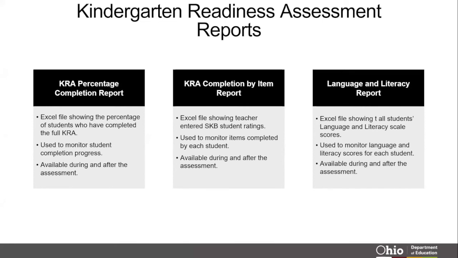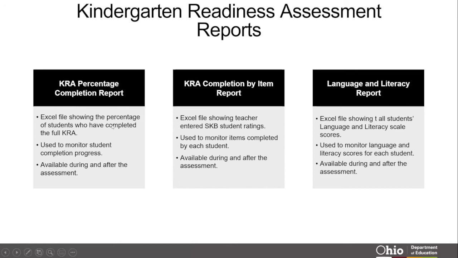It is used to monitor any items that have been completed by each student. Both of those reports are available during and after. The last one there is the language and literacy report, which is used to monitor the language and literacy scores for each student. Again, this is available both during and after the assessment.